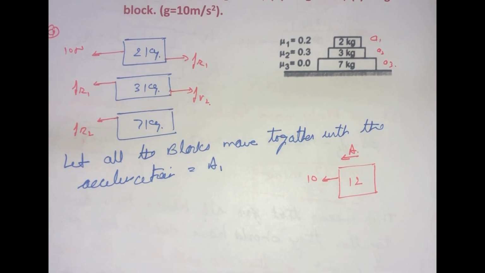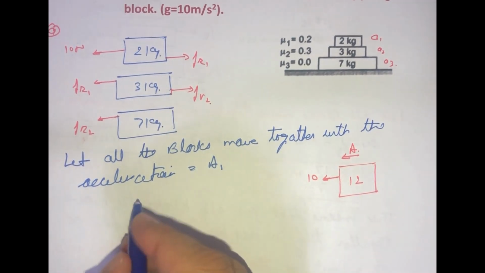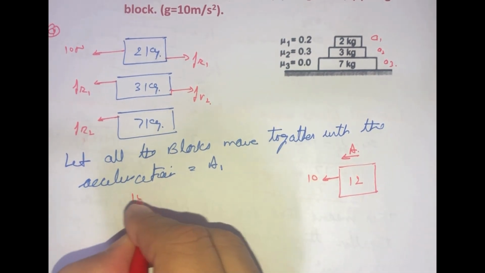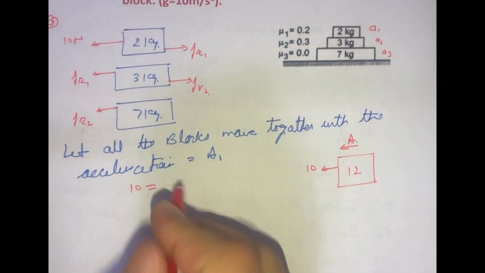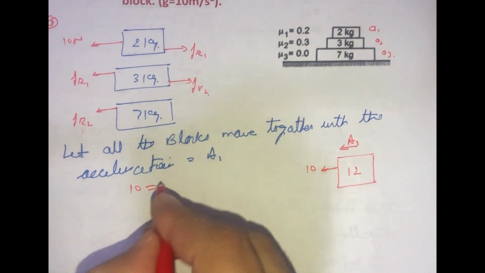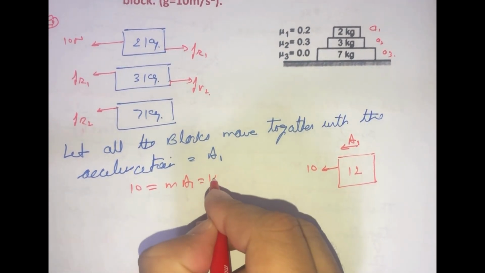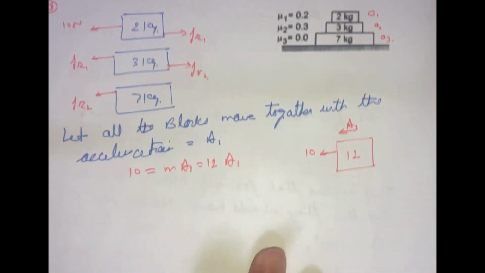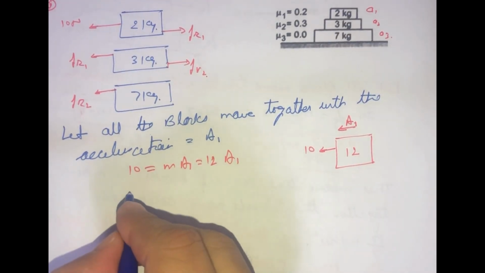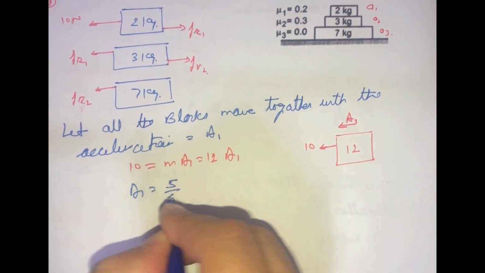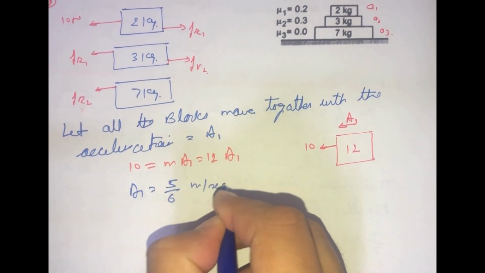From here directly we can find out that 10 will be equal to m into A1, mass is 12 into A1. From here we get A1 as 5/6 meter per second square.